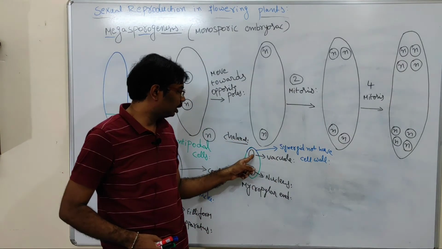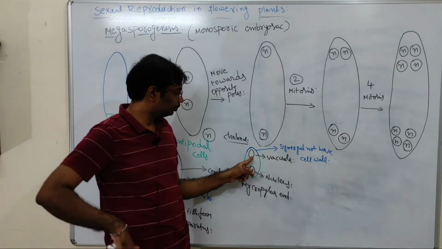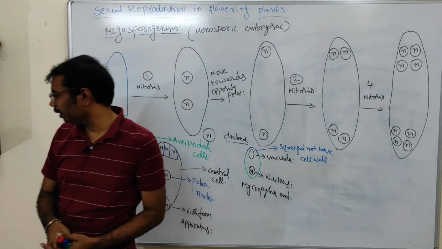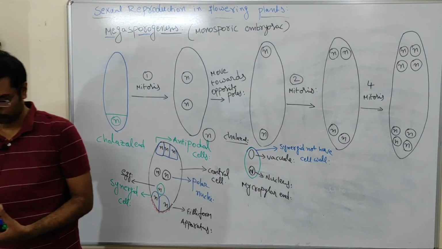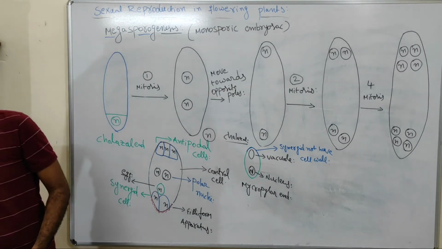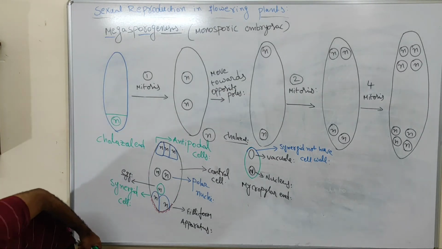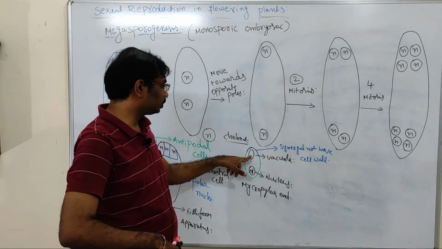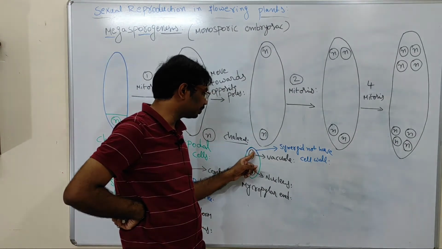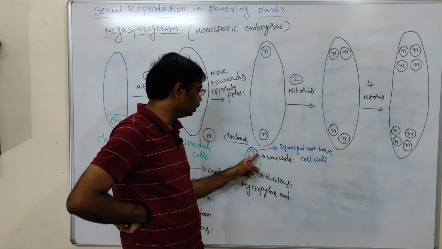The chalazal end contains the vacuole, and in this location, it does not have any cell wall. The cell wall is completely absent in this blue color area.